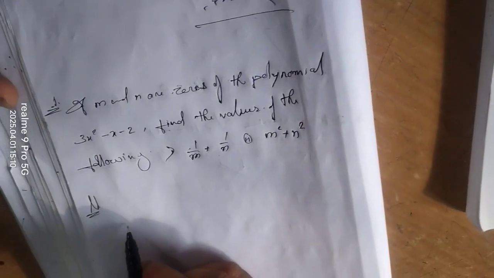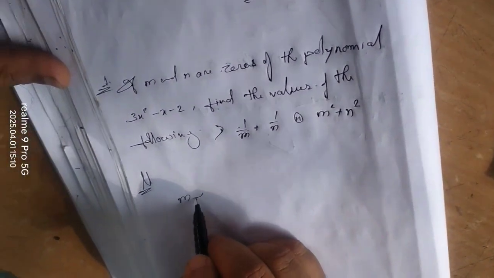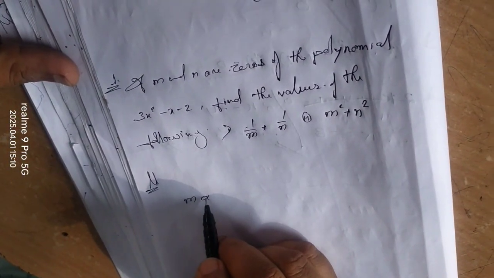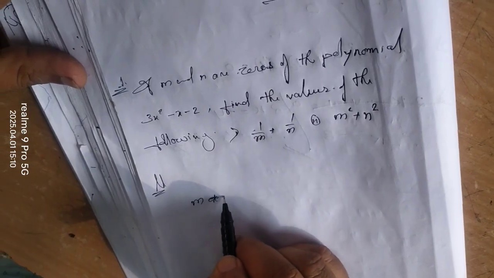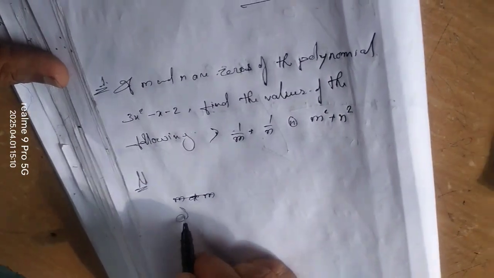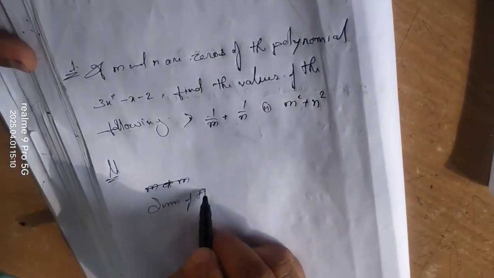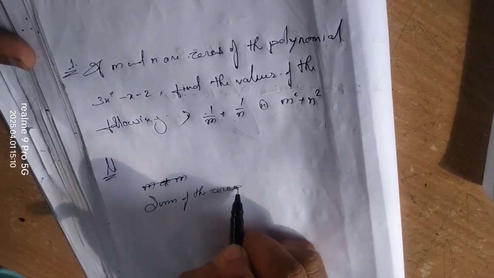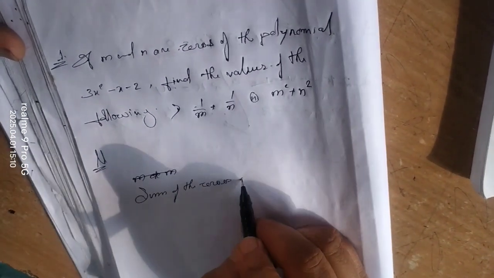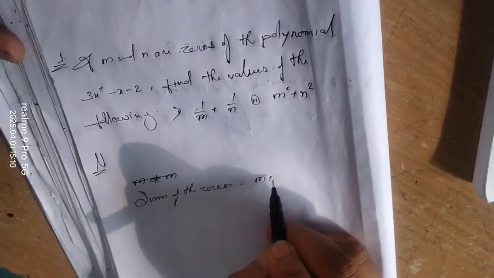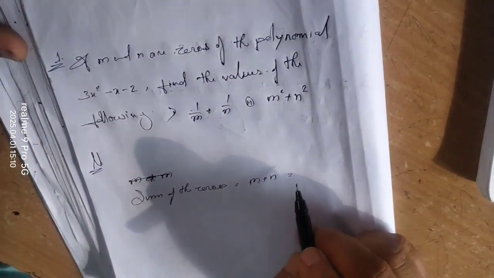Here, given m and n are the zeros of the polynomial. So the sum of the zeros, m plus n, is equal to what?